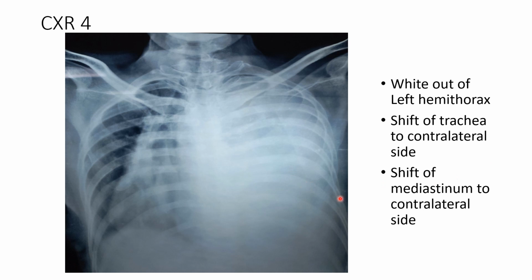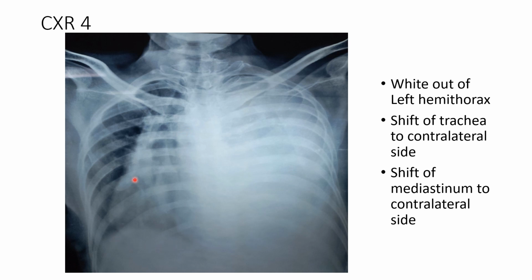Now in this X-ray we have a complete whiteout of a hemithorax. So complete whiteout of the left hemithorax. Along with that, you may note that this trachea is shifted to the opposite side.